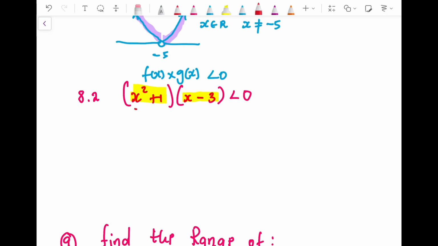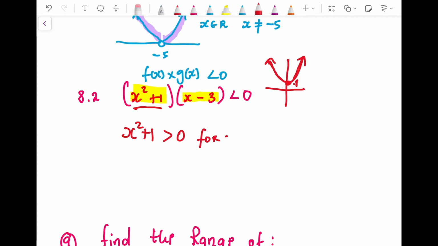If I draw this graph, we have a parabola that is concave up, with a turning point at (0, 1). Here is the minimum value at +1. So this graph is above the x-axis for all values of x. So x squared plus 1 is greater than 0 for x an element of all real numbers.